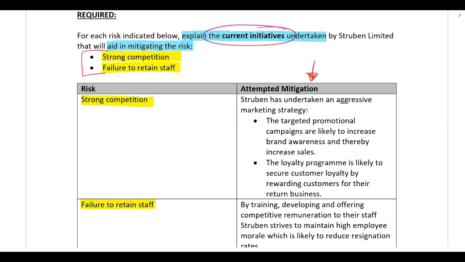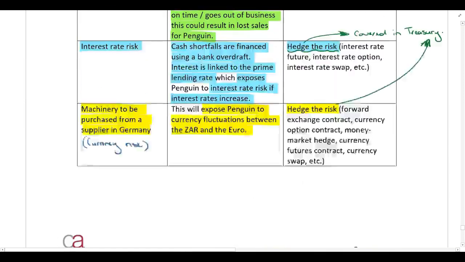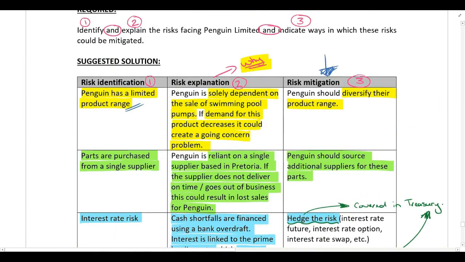So please note, example 3 is completely different to example 2. In example 2 on the previous page, you had to come up with this risk mitigation because the required says indicate ways that these risks could be mitigated. You must come up with how they should mitigate the risk.